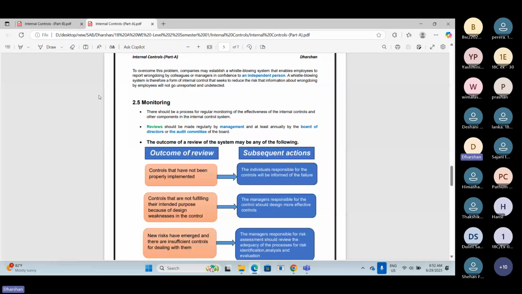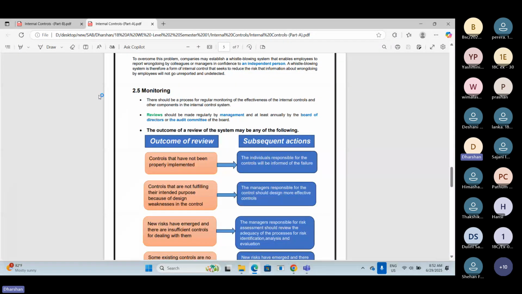And the fifth one, monitoring. Under monitoring, we discussed the outcome of review. Monitoring means review. The final responsibility of monitoring is with the board of directors. The board of directors will perform the monitoring activity through management.